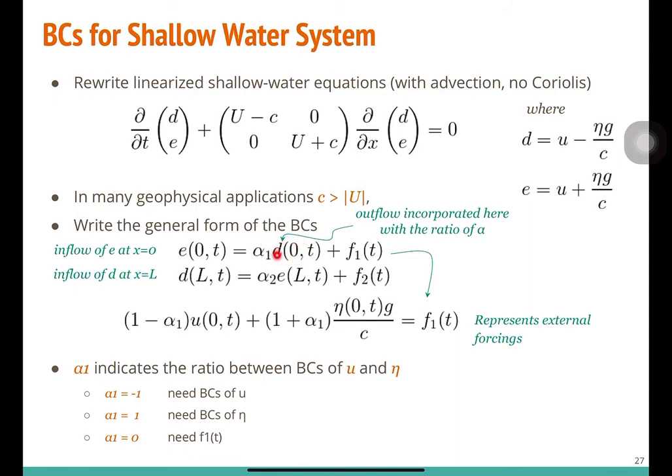So this is the outflow of D, and it could affect what you have on the boundary for E, because they actually depend on each other.